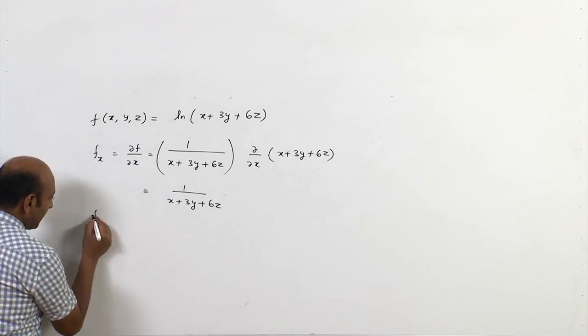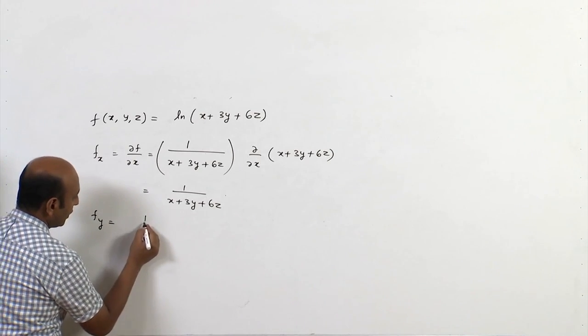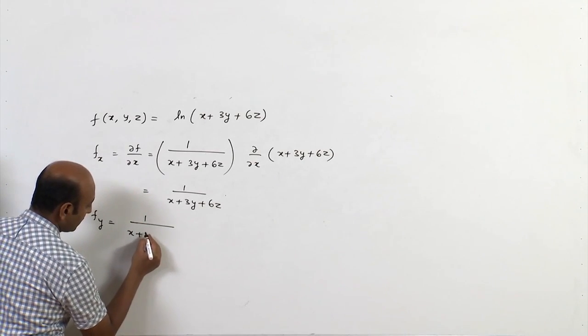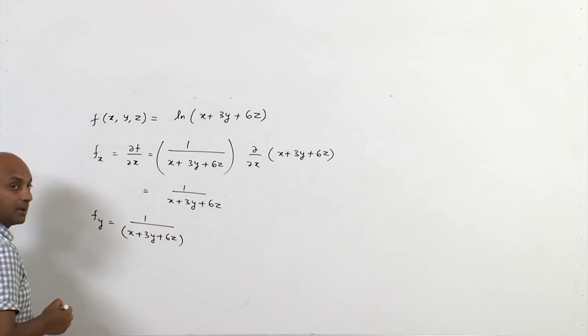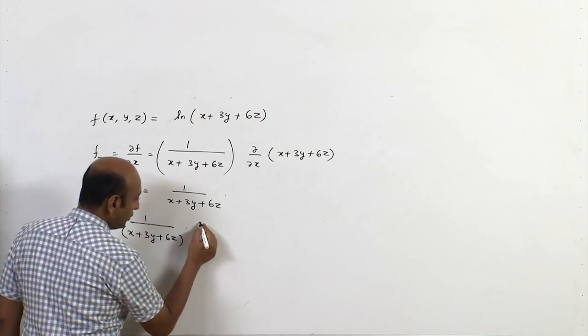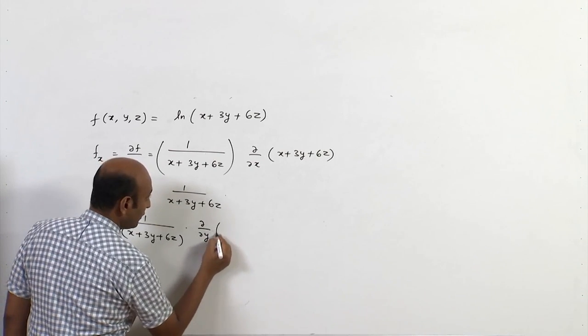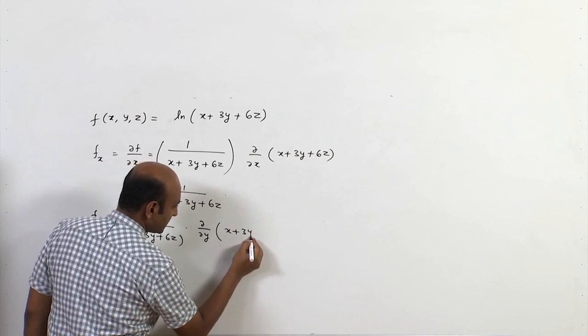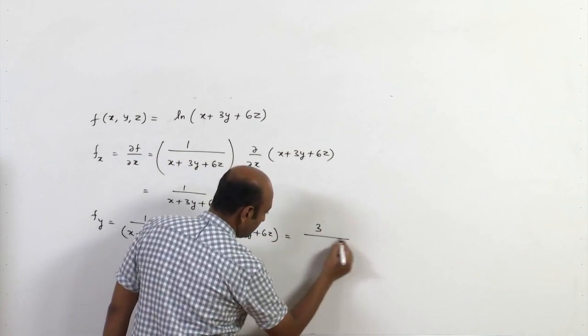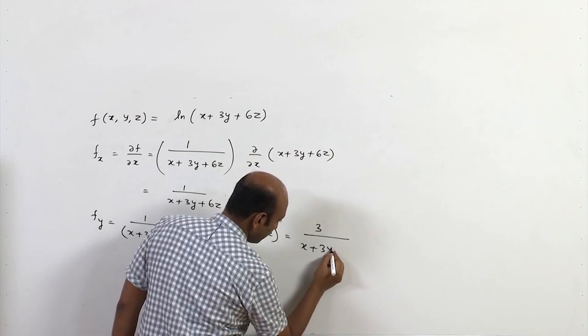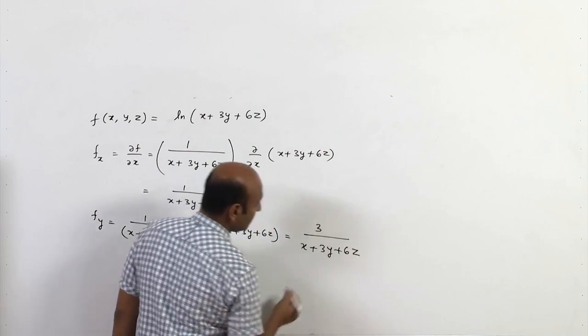Now, similarly f_y will again be 1 upon t, that is 1 upon x plus 3y plus 6z into del by del y of x plus 3y plus 6z, which is 3 upon x plus 3y plus 6z.